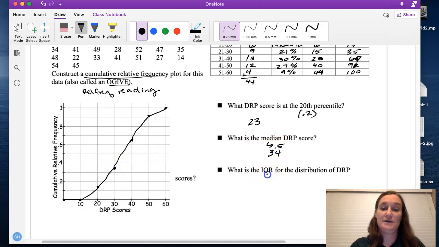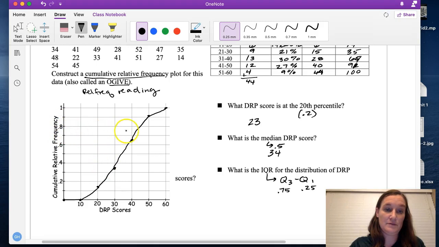And then what's the IQR? The IQR is quartile 3 minus quartile 1. Quartile 3 and quartile 1 cut your data into fourths. So quartile 3 is 0.75 of the data because it's the furthest one. And quartile 1 is 0.25. The median is 0.5. So it splits it into fourths, 0.25, 0.5, and 0.75. So quartile 3 is the bigger one. So we need to find 0.75.